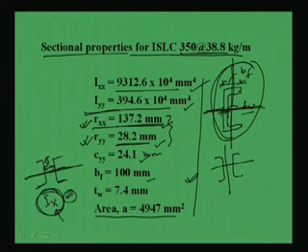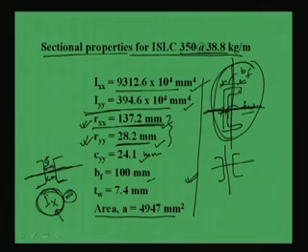That is why we will try to make Ix equal to Iy. Unnecessarily increasing the Ry value, that means the radius of gyration about the y axis, will not increase the strength after reaching the Rx value, because failure will start in the x direction, and we cannot increase that by placing the two channel sections apart from each other.